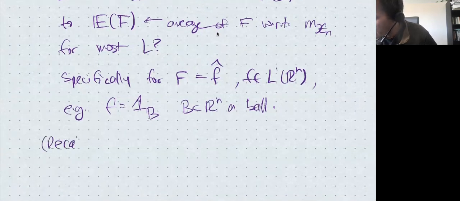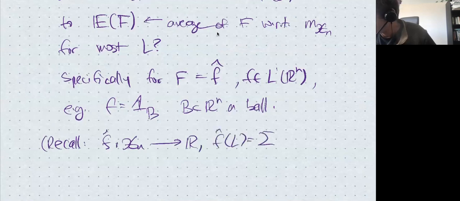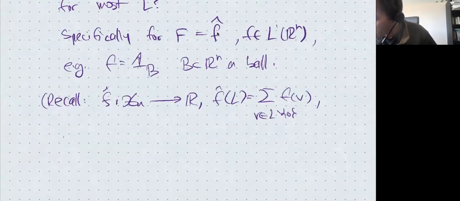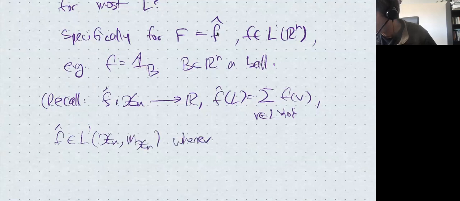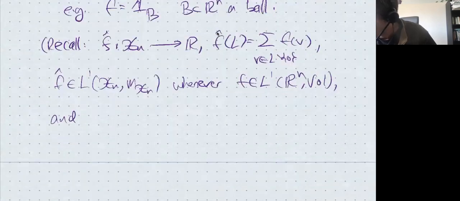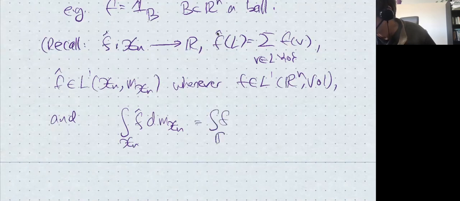So recall, f̂ is a function on the space of lattices defined by the Siegel summation formula, and it satisfies that it's in L1 whenever f is in L1 of R^n, and we have something which we call the Siegel summation formula: the integral of f̂ is the integral of f.